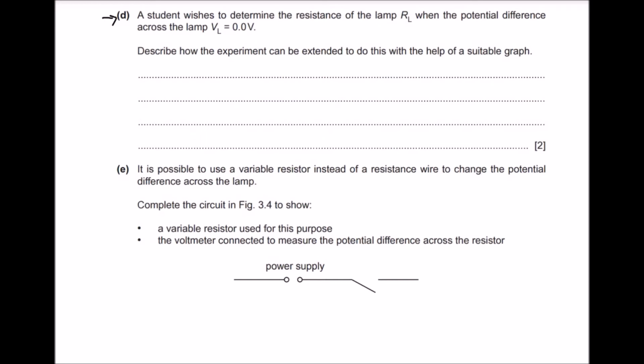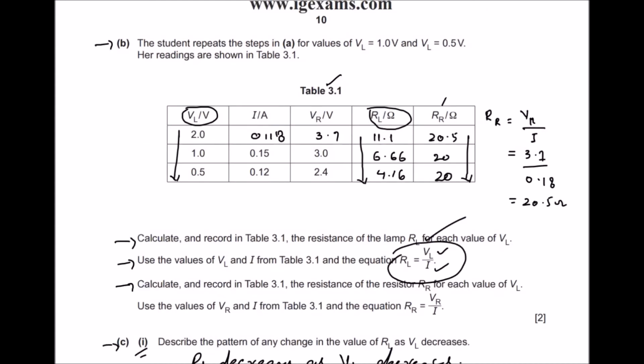If you go back and check the table, the voltage across the lamp started with 2.0 and ended at 0.5. At the end of 0.5, what is the final resistance measured across the lamp?